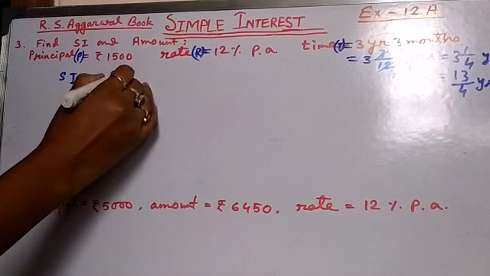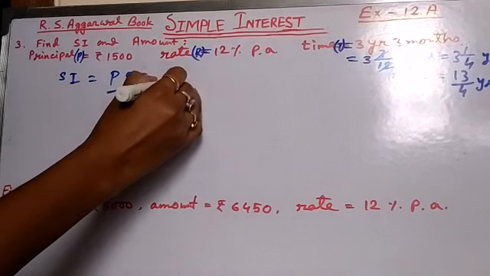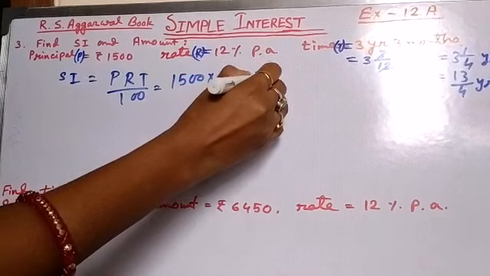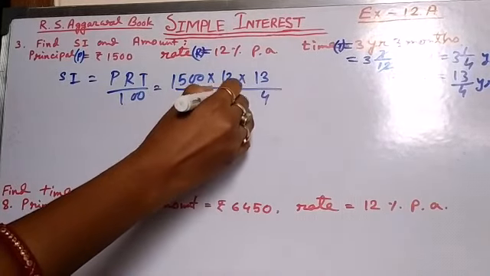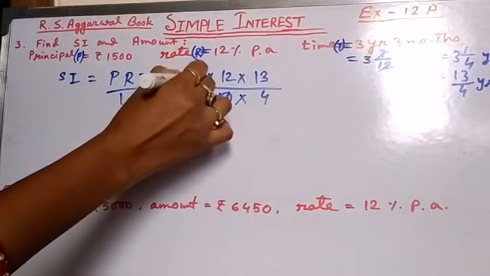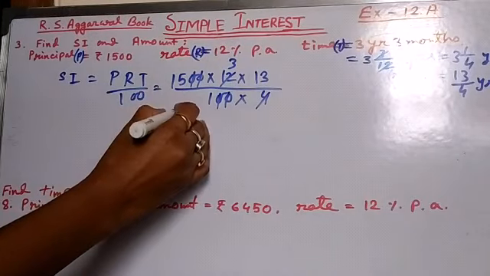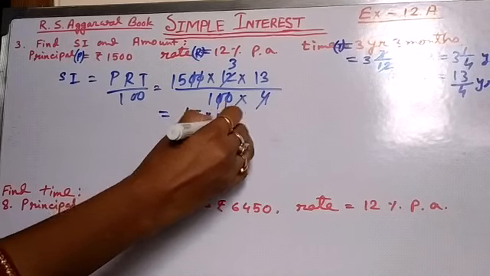So SI equal to PRT by 100, then 1500 into 12 into 13 by 4, and here is 100. Now we'll calculate it. 4 3s are 12, then 15 3s are 45 into 13.